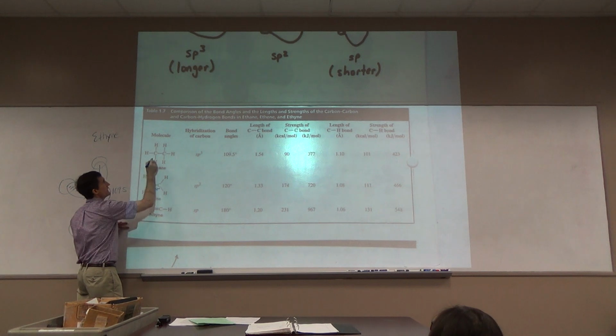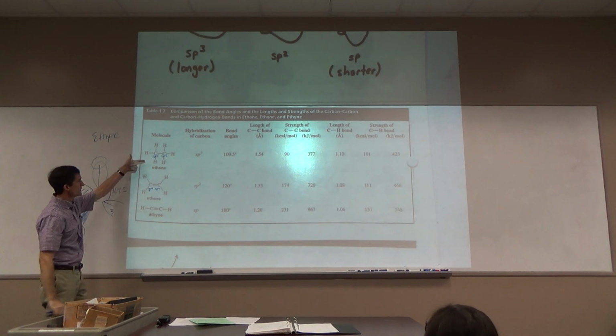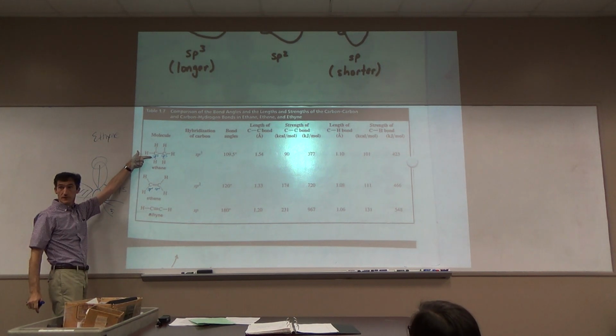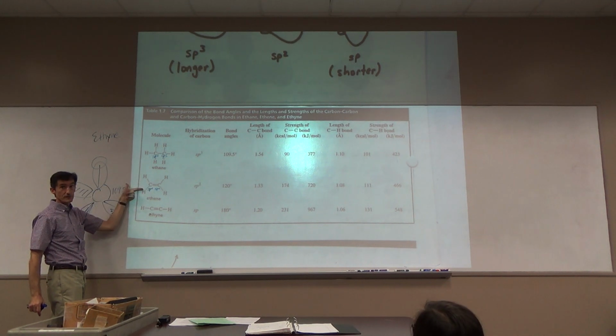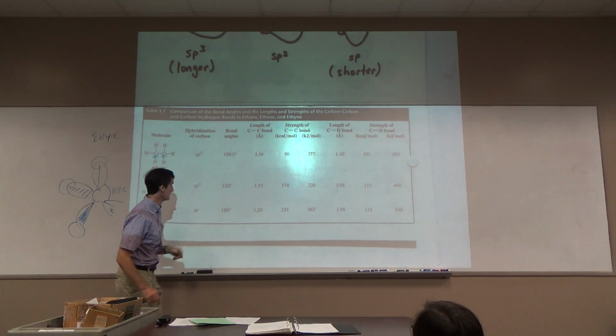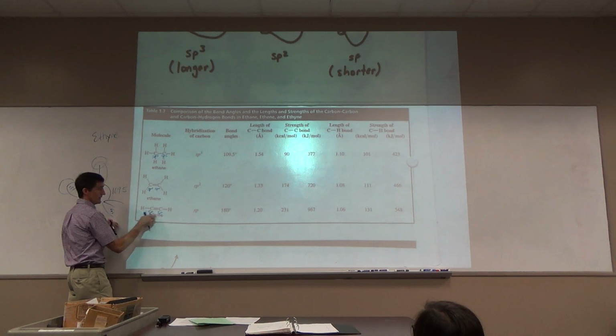sp2, sp2. That's sp3, sp3. Well, which is the longer orbital, sp3 or sp2? Two longer orbitals are going to make a longer bond. Two shorter orbitals make a shorter bond. So that hopefully makes sense. And then down here, the hybrids are what? sp, sp.